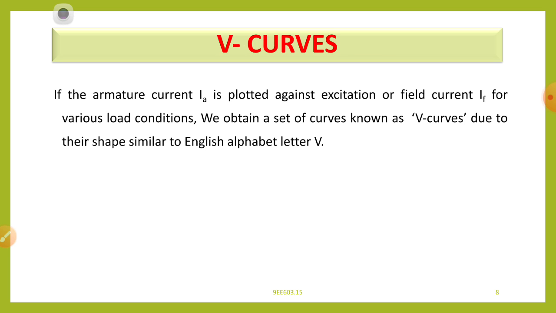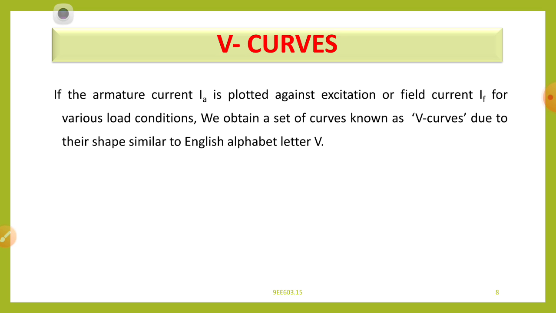What do we mean by V curves? If the armature current IA is plotted against excitation or field current IF for various load conditions, we obtain a set of curves known as V curves. Due to their shape similar to the English letter V, we call these V curves.